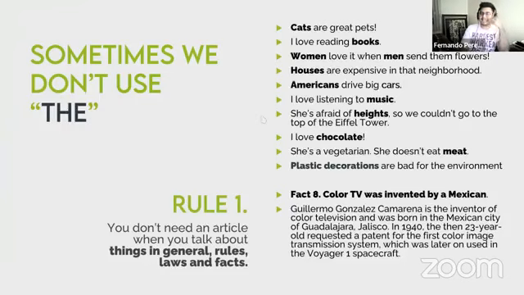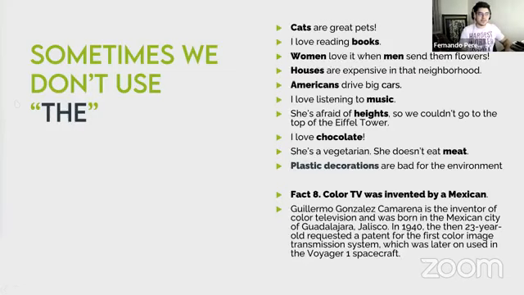Think about these sentences in Spanish. Let's go with the first one. Cats are great pets. How do you say this sentence in Spanish? Who can tell me? Los gatos son grandiosos, ¿no?